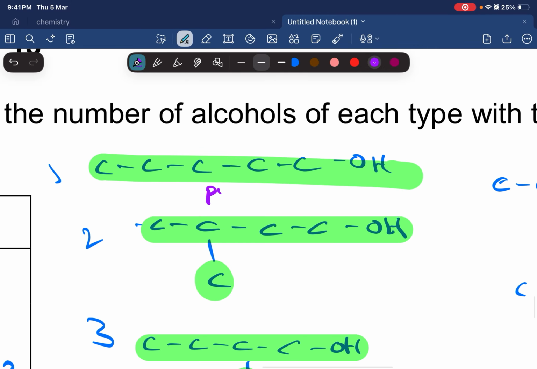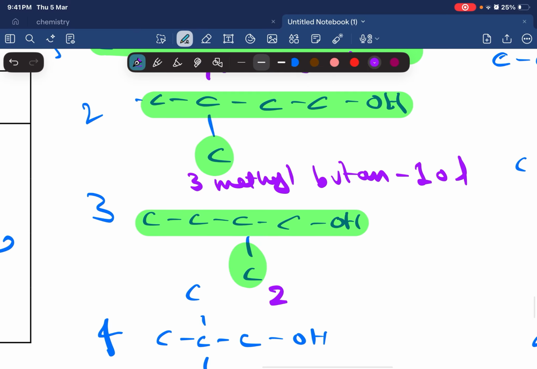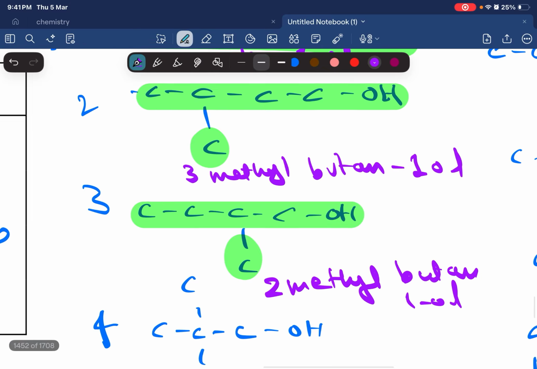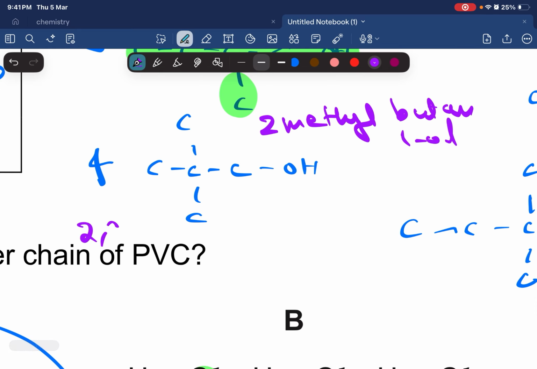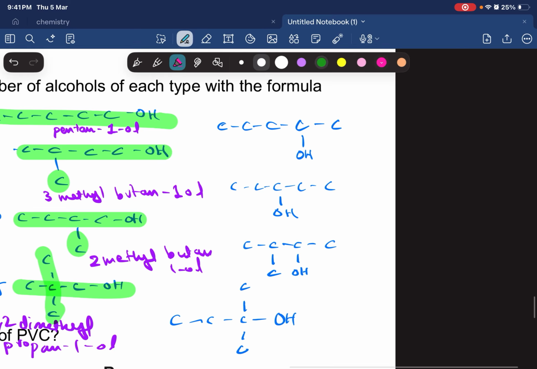This is 2,2-dimethylpropan-1-ol. Okay, so the four primary isomers were pentan-1-ol, 3-methylbutan-1-ol, 2-methylbutan-1-ol, and 2,2-dimethylpropan-1-ol. Now we're going to move towards the secondary.